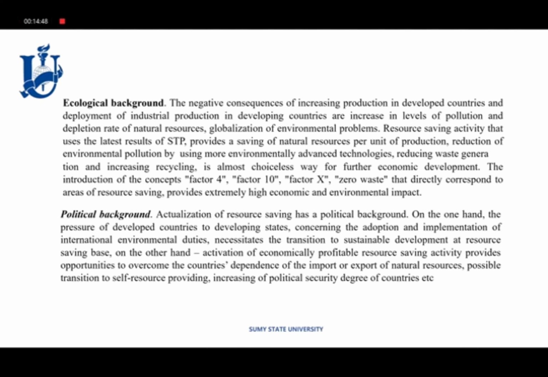A modern concept that makes an important contribution to cleaner production processes is the concept of zero waste. Its essence lies in returning waste to the production cycle and organization of circulation of substances used in the technology cycles.